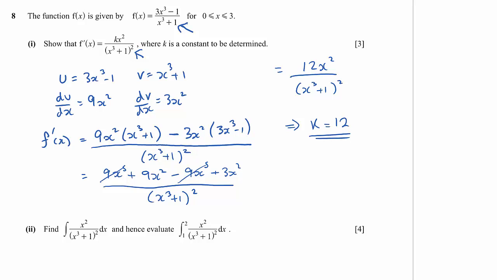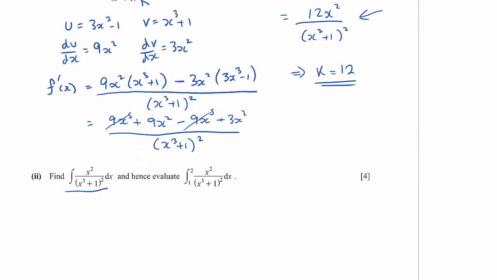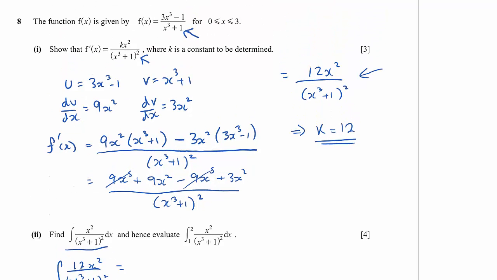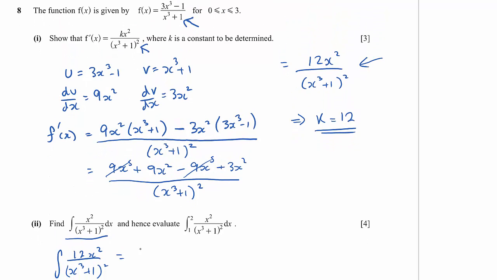So what we want to do now is find the integral of this expression, which note is like this expression but without the 12, and hence evaluate this. So let's do this integral first. Well, what we know is that the integral of 12x squared over x cubed plus 1 squared has got to be 3x cubed minus 1 over x cubed plus 1 plus a constant.